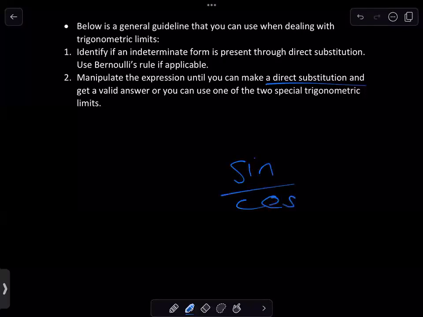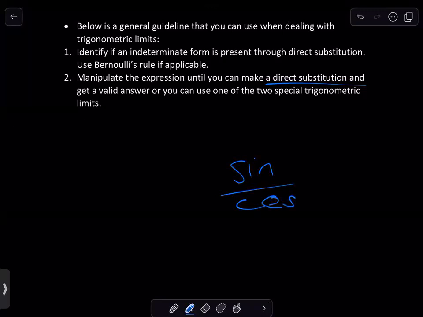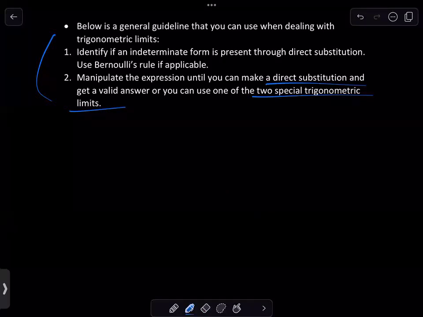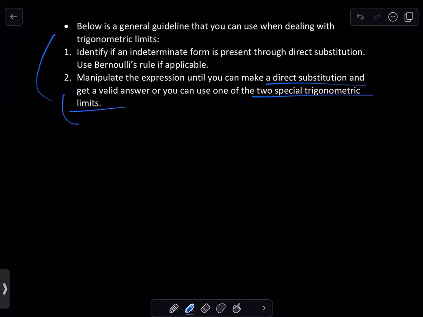Or you're going to manipulate your expression to the point where you can use one of the two special trigonometric limits. So this is a general guideline that you can use. But what you want to check first is Bernoulli's rule, and then try that. If that doesn't work, then come to step 2 and try whatever manipulation you can think of. So let's finally see an example.